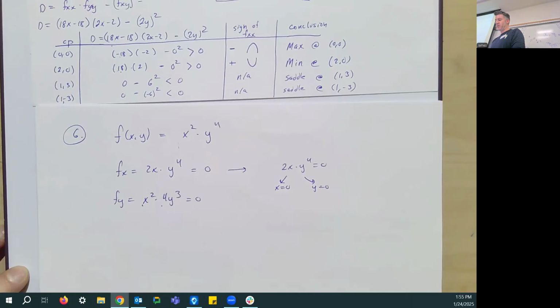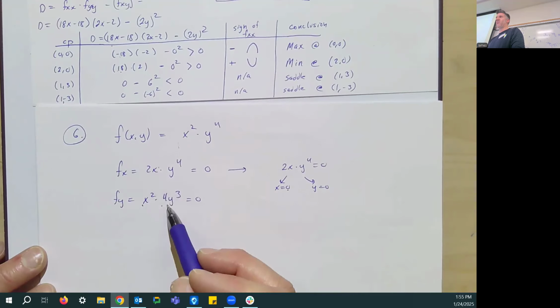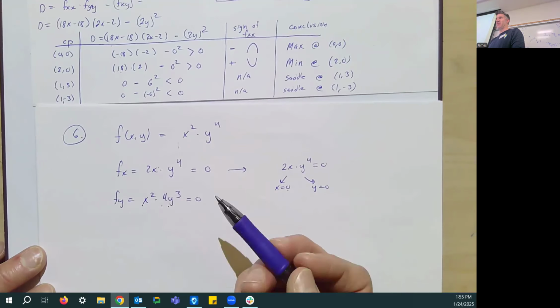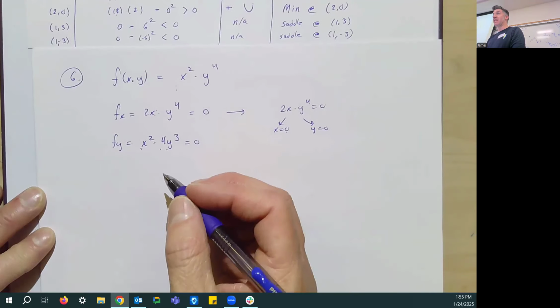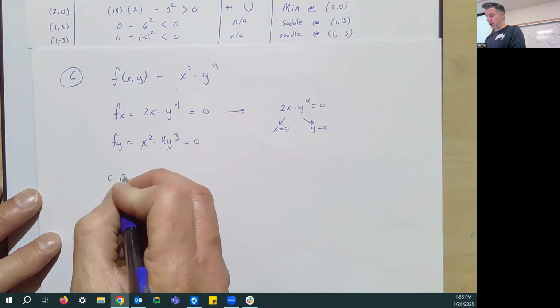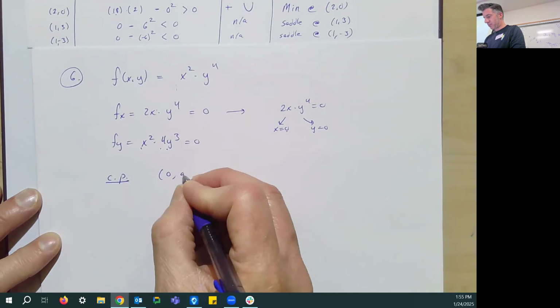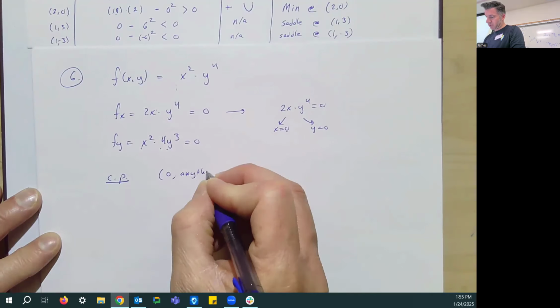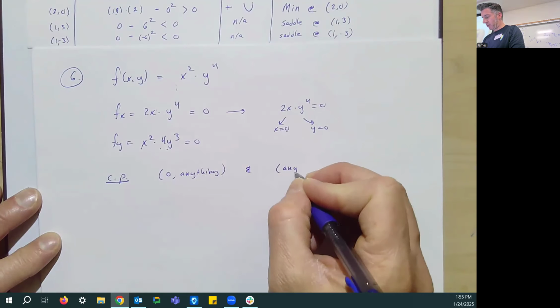But I'll also point out that if x is 0 in this equation, well, that means y could be anything and it would still work. So actually, we have an infinite number of critical points. So my critical points are 0 comma anything and anything comma 0.